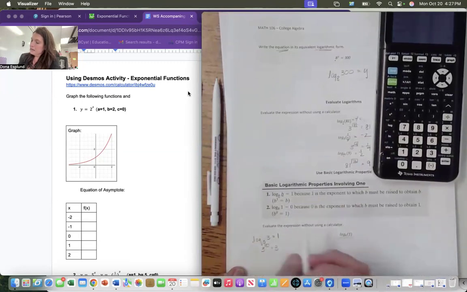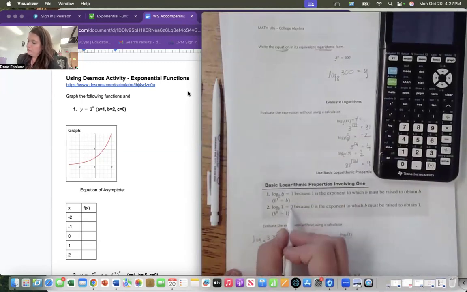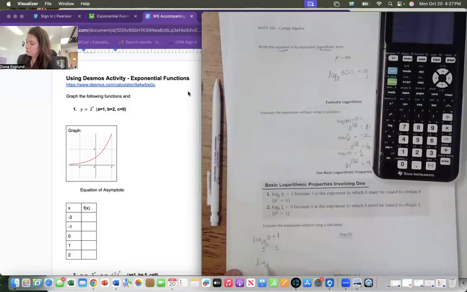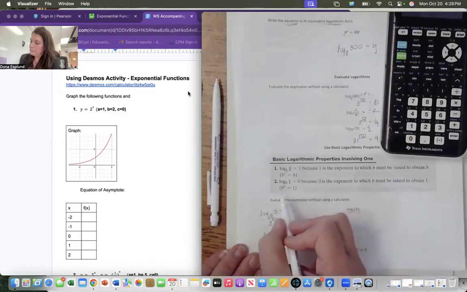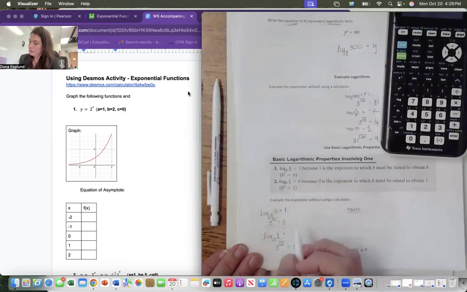Now, the same thing kind of goes when you have it equaling 1. So again, let's keep the log base 3, and this time I'm going to say of 1 is equal to what? This is telling me I have 3 to what power is equal to 1? Well, I know this has to be 3 to the 0 power, because anything to the 0 power is always going to be 1. So the base can be any number, but if you have a 1 inside your log, this is always, always, always going to equal 0.